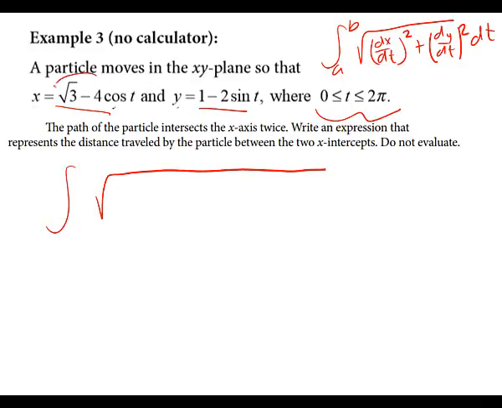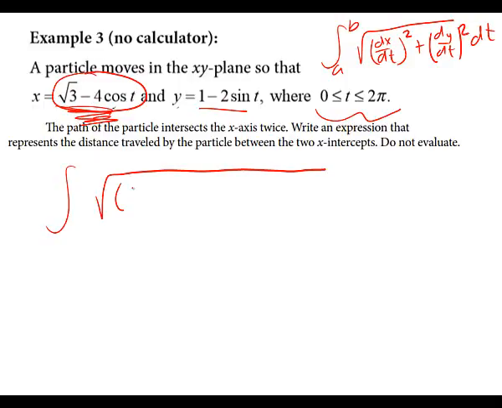So, if I'm going to look at my x component, what's the derivative of the x component? What's the derivative of this thing here, guys? What's the square root of 3? What's its derivative? Isn't it a number? So it's 0.